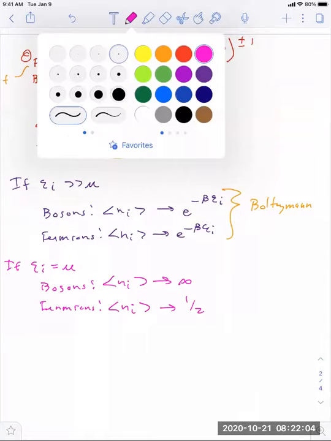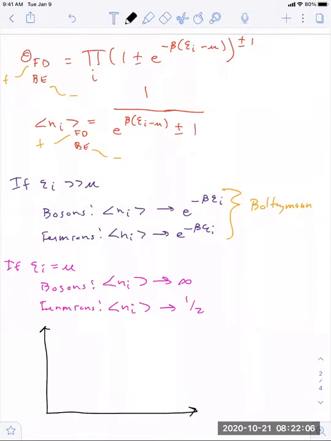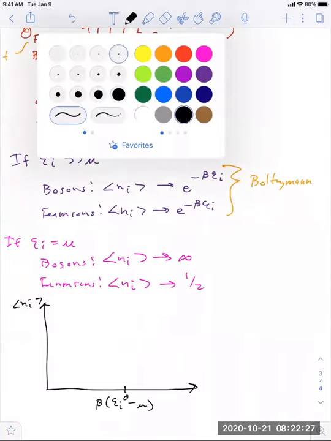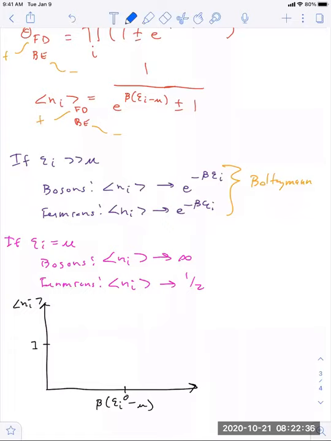So if I plot the average occupation number of a state as a function of the term that appears in the exponential, beta times epsilon, the energy of state i minus the chemical potential, and then let's see if I can draw this morning. Put a 0 there and a 1 here. For fermions, as we go to very low energies, the occupation becomes 1.